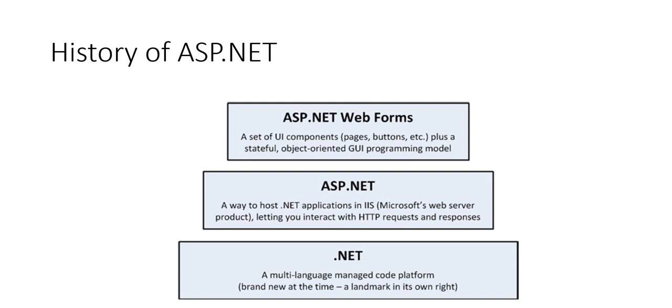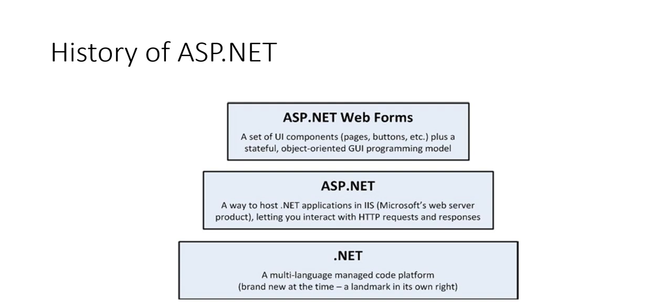The purpose of making this platform is to support multiple languages and to do managed code. It was a landmark in its own right, and it was something brand new introduced by Microsoft, which attained the attention of different developers.